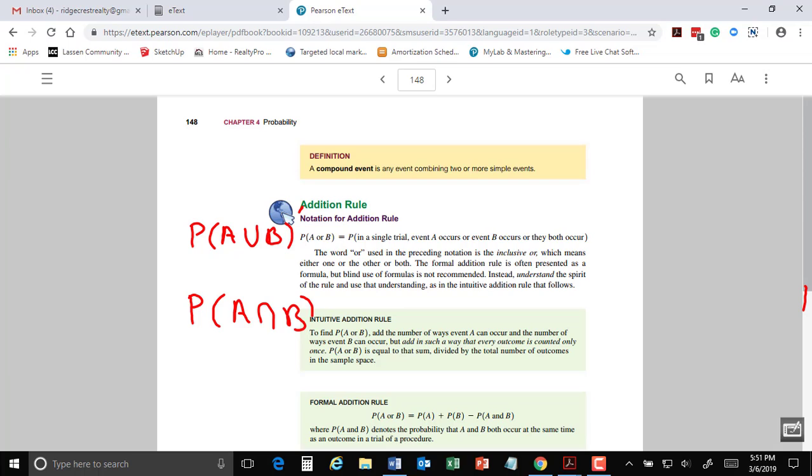Now, if you have or and there's an overlap, then you're going to have to subtract this intersection, yes? If it's an and and one outcome affects the other, you have to use the conditional probability of A given that B has affected what A will come out to be. That's called a conditional. It's going to be the probability of the intersection occurring divided by the probability of B occurring. That should be in our next section here.